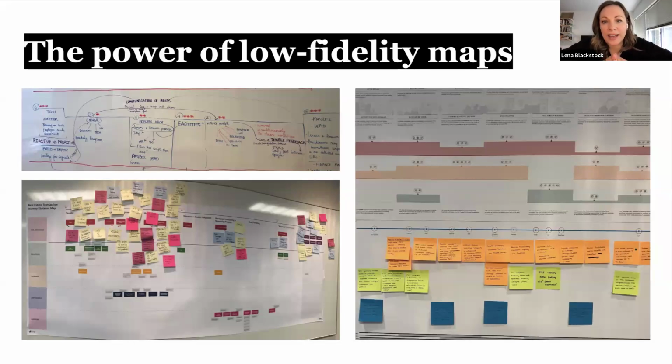And my final point on that is I am always also a huge believer in low fidelity maps, because in order to invite more participation and conversation from teams and individuals, you want to have a space where they feel they can contribute rather than just react to a great looking diagram. That comes later.